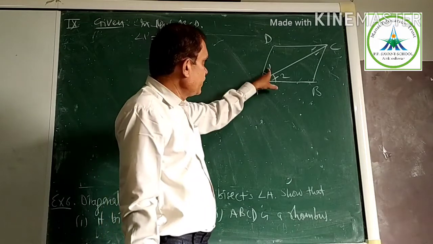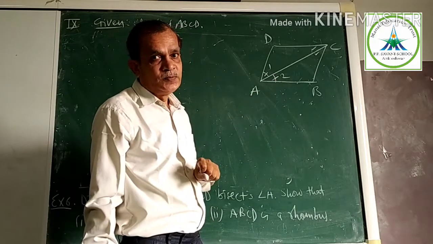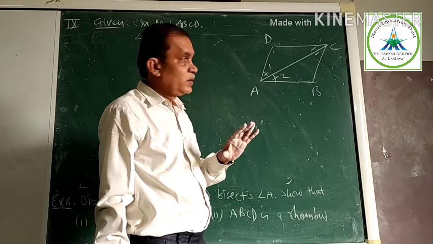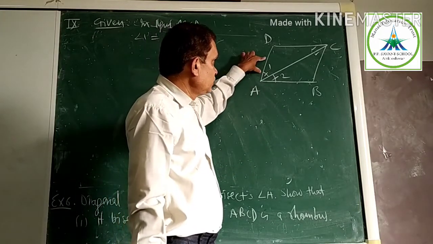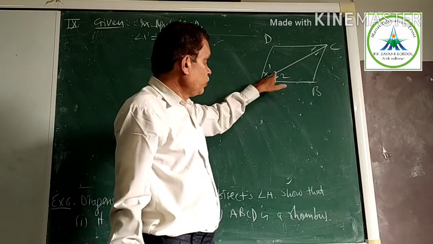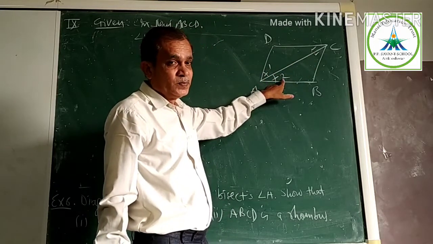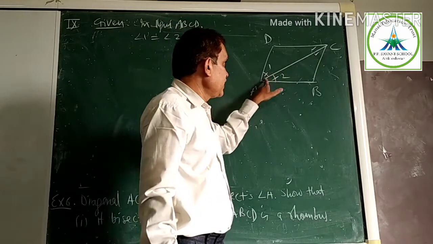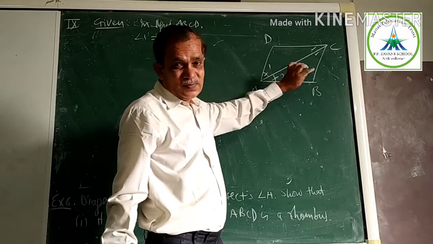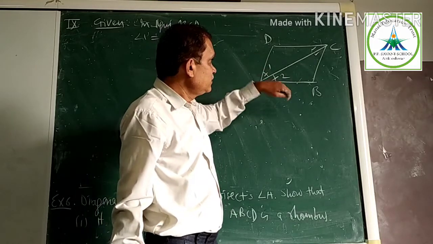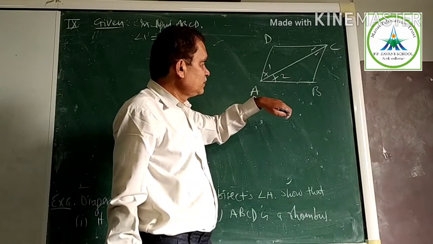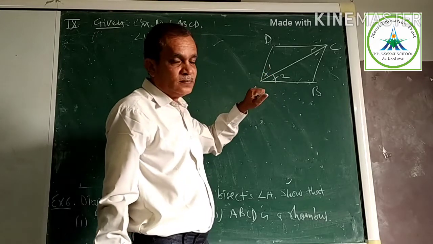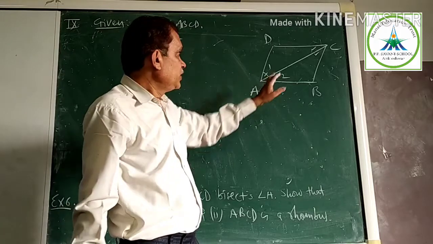Remember, AD equal to BC, angle 1 equal to angle 2. Yes, and this AC is common in both triangles. So side, angle, side. Are you getting? Side, angle, side. Can you prove these two triangles are congruent?